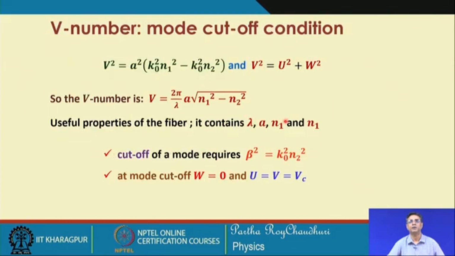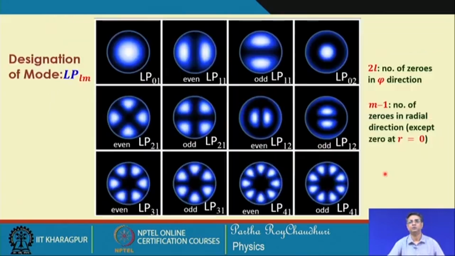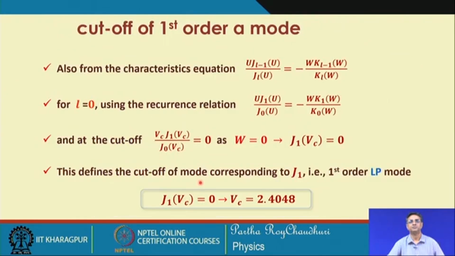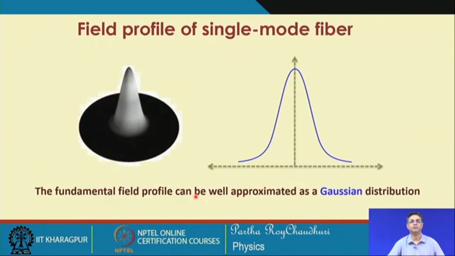The fundamental mode you have seen. So, this is the fundamental mode LP 01, and the first order mode will disappear at the value of V equal to 2.4048. The fundamental mode profile you have seen looks like this. You have the highest intensity at the center, and as you move away from the core to the cladding across the interface, the field vanishes.